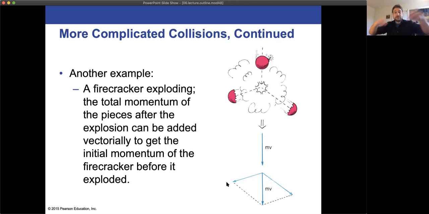They might fly off in different directions. But if we find the parallelogram made by the momentum of one piece and the momentum of the other piece, and add them according to the parallelogram method, the sum needs to be the same momentum after the explosion as it was before.